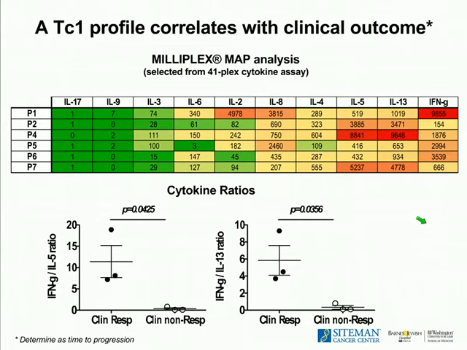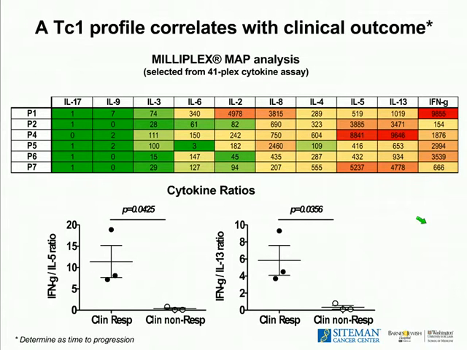And what you see is that when you look at the supernatants, when these cells were activated, and you look at the right hand of the panel, you see again that there is a difference between clinical responders and non-responders. The clinical responders tend to make interferon gamma, and that's patients 1, 5, and 6. The clinical non-responders tend to make IL-5 and IL-13. That's patients 2, 4, and 7.